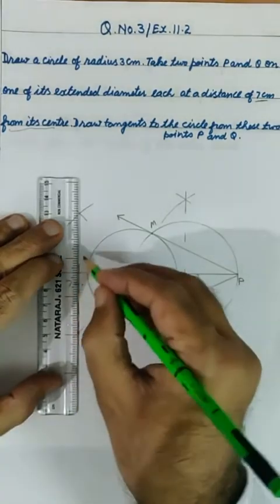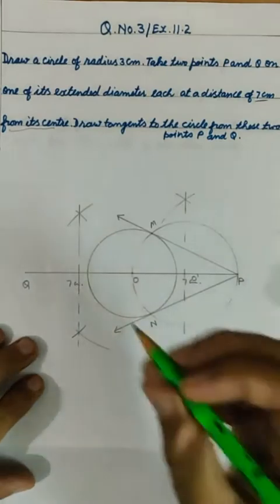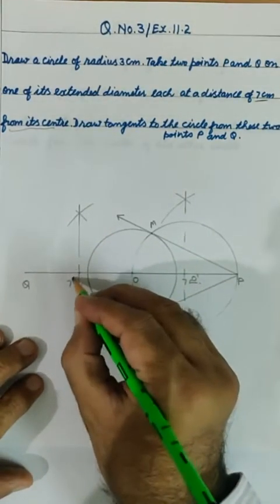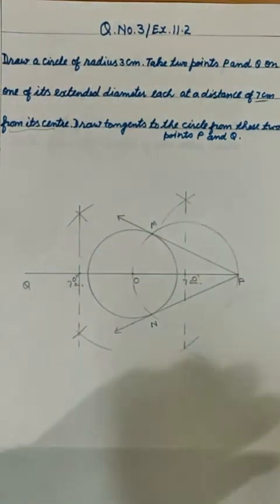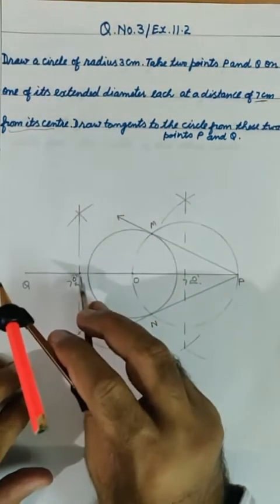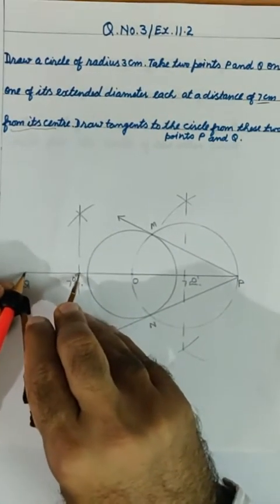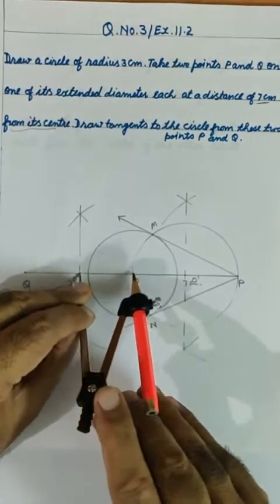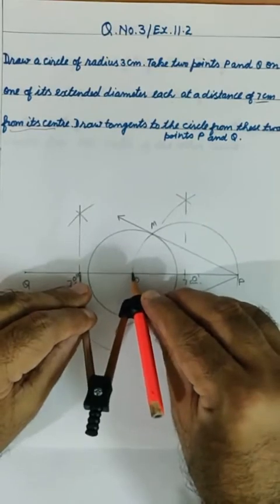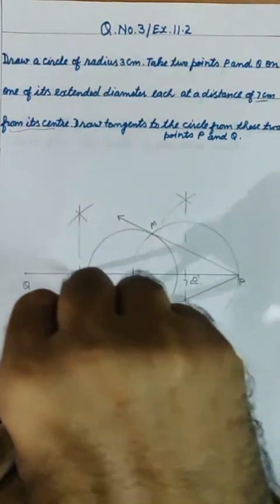Again we are getting the center of another circle. We can write here O double dash, or any other name you can give, there is no problem at all. Then you put your compass here and open up to O double dash Q, to O double dash O, and draw a circle.